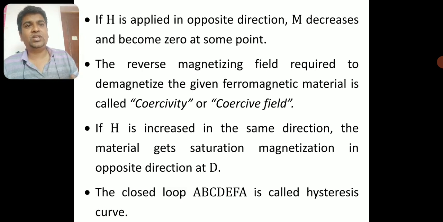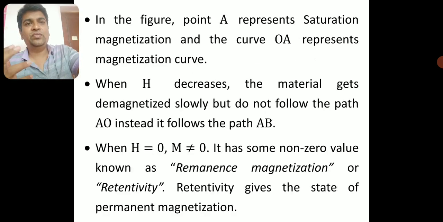Let's see what happens to the magnetization. The magnetization decreases and becomes 0 at some point. The reverse magnetizing field required to demagnetize the given ferromagnetic material completely is called coercivity, or the coercive field. You can look at the figure.